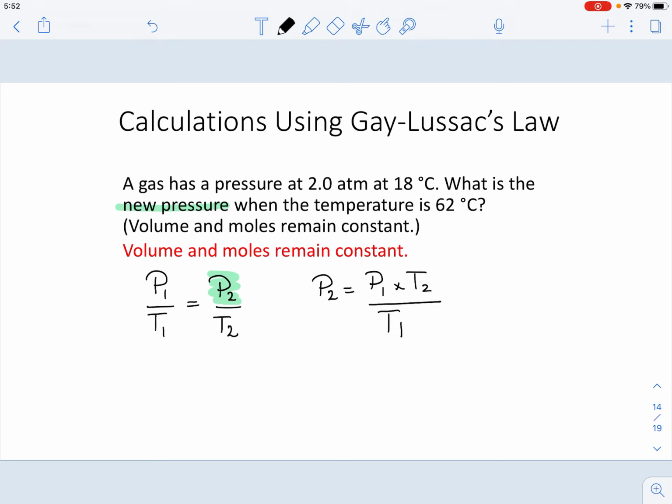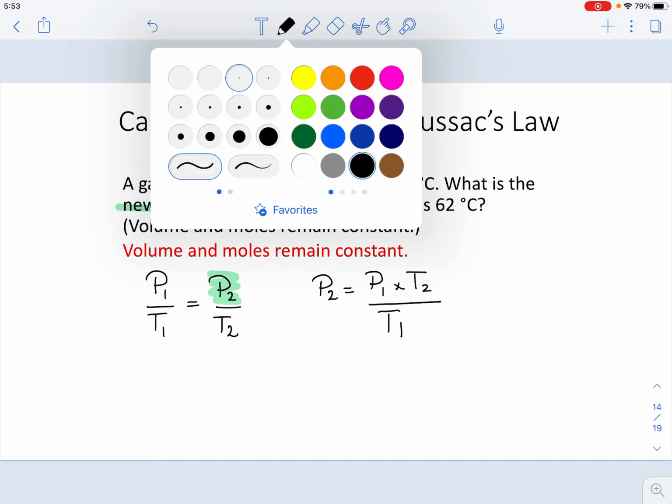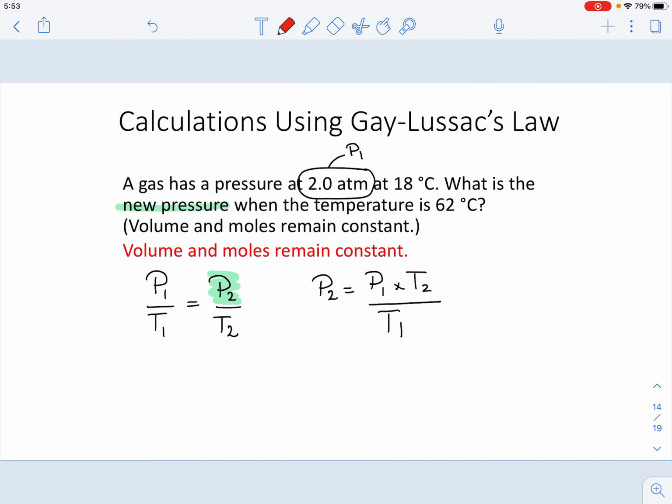Okay? Now, when we look at the numbers given, this is our P1 or our initial pressure. Okay, P2 is what we're solving for, and remember, for this, temperature must be converted to Kelvin units.